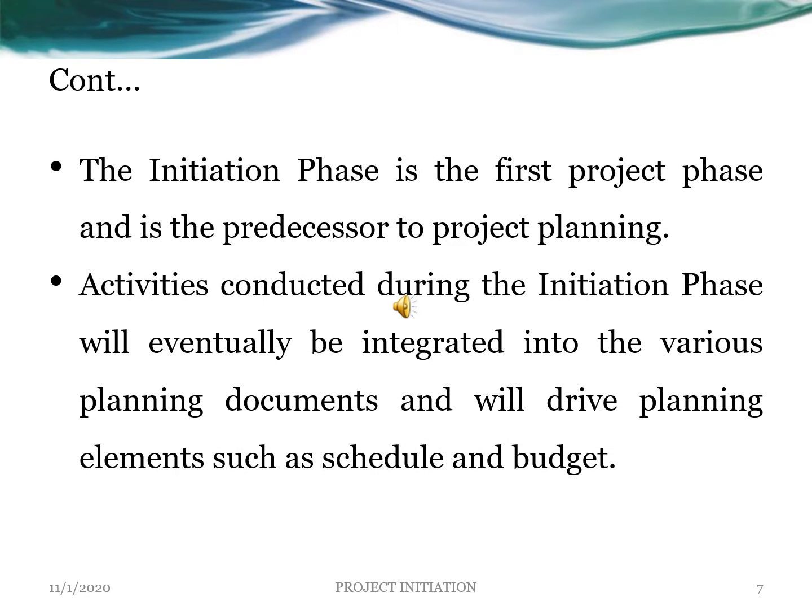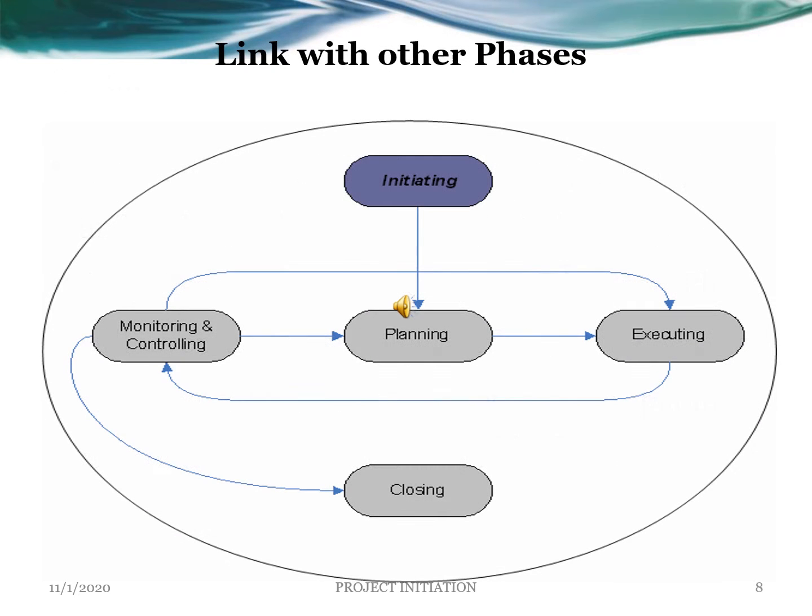The initiation phase is the first project phase and is the predecessor to project planning. Activities conducted during the initiation phase will eventually be integrated into the various planning documents and will drive planning elements such as schedule and budget. In fact, as you can see in the diagram, initiation is linked with other phases.